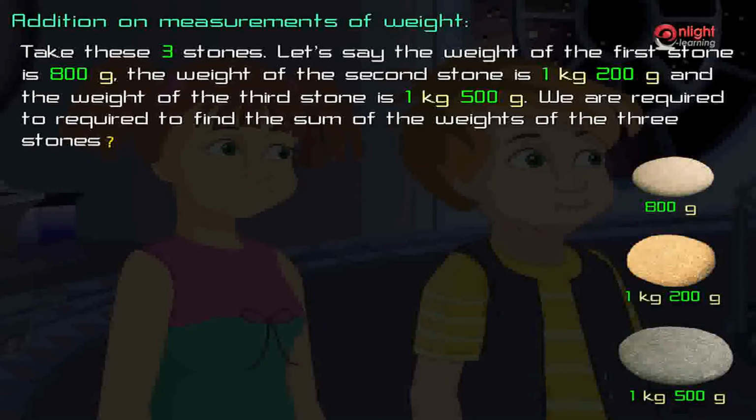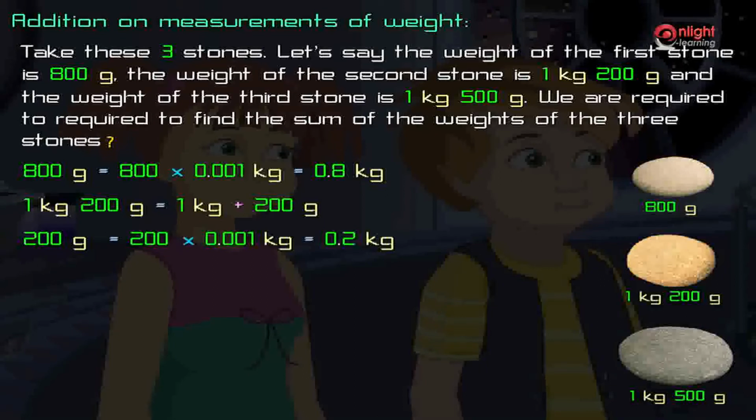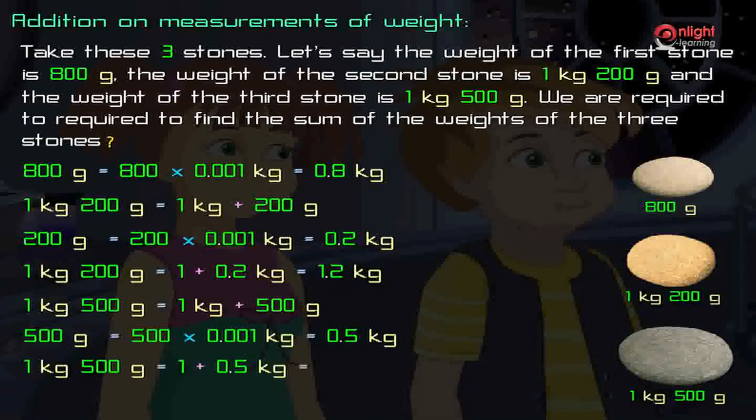Hence, expressing the weight of the first stone, 800 grams is equal to 0.8 kilograms. Similarly, the weight of the second stone, 1 kilogram and 200 grams is equal to 1.2 kilograms. Also, the weight of the third stone, 1 kilogram 500 grams is equal to 1.5 kilograms.